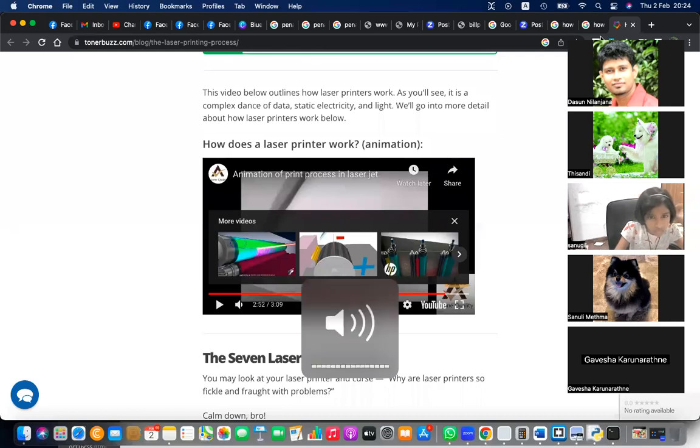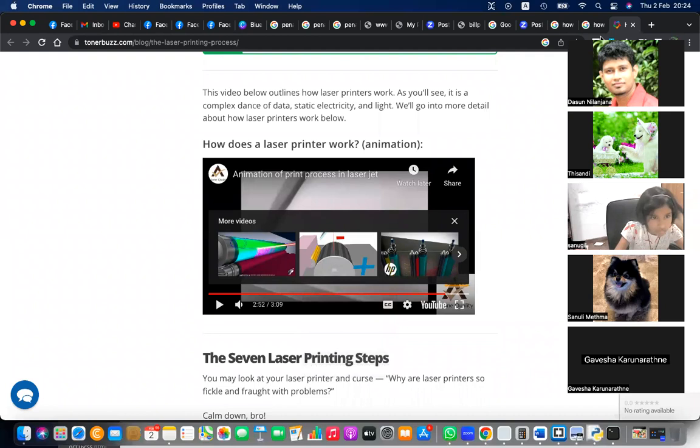Any other usages of static electricity? It can be used for dust removal.